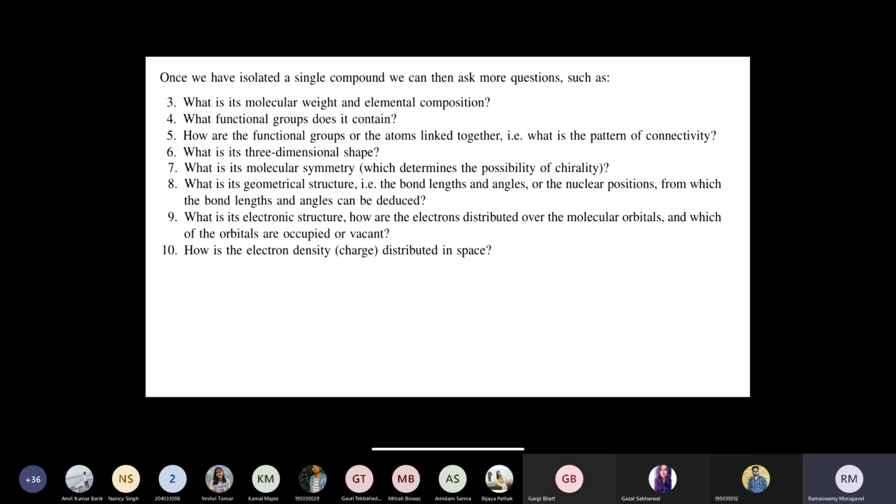And then there are a series of questions you are going to ask: what are the functional groups, how are the functional groups linked to each other, what is the three-dimensional shape, planar, non-planar, high symmetry, low symmetry. And once you know all this, you really want to know whether there is an electron withdrawing group which is making a bond longer, or an electron donating group which is making a bond shorter.